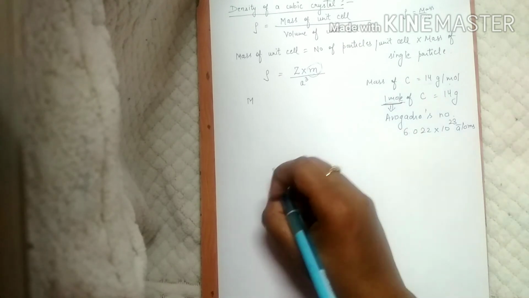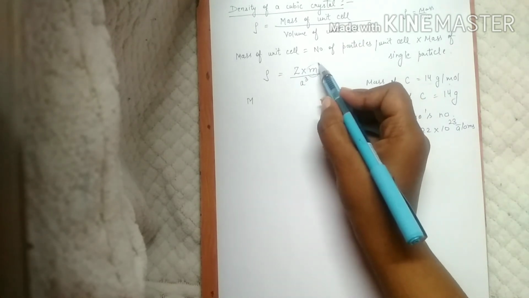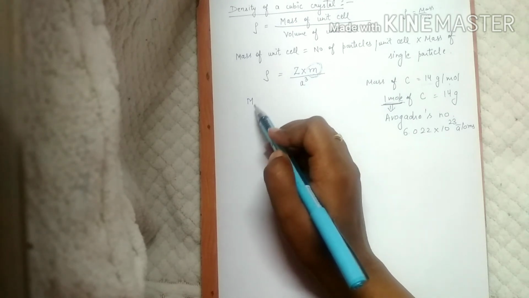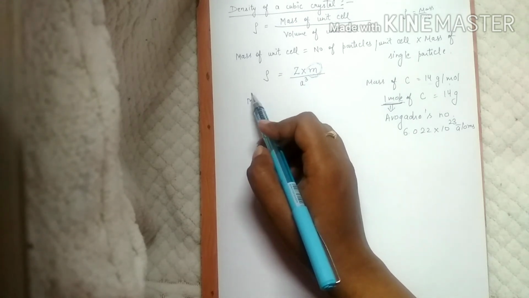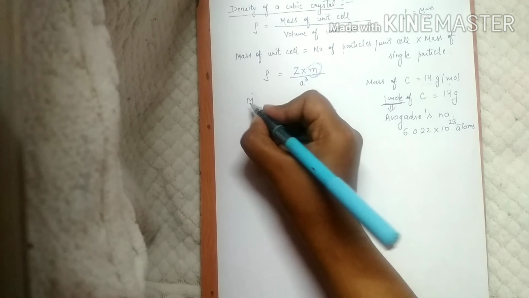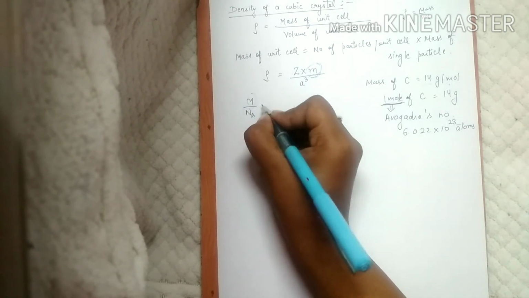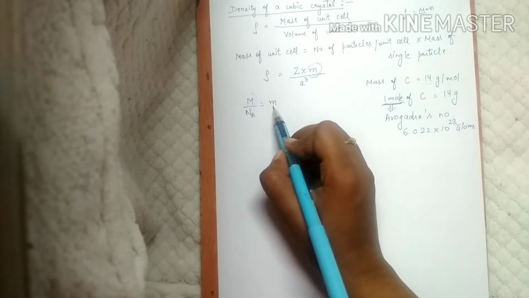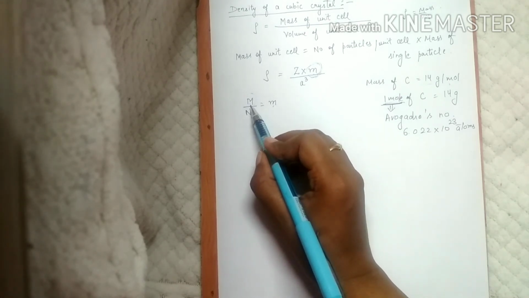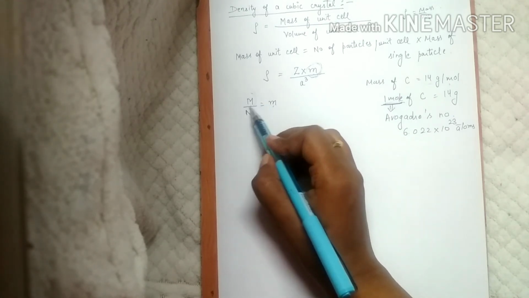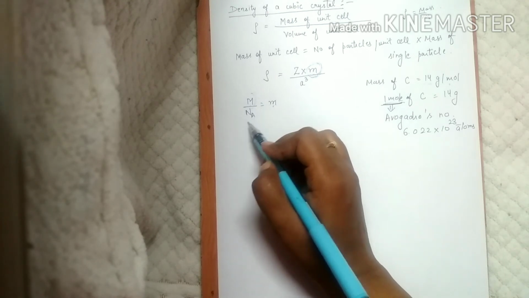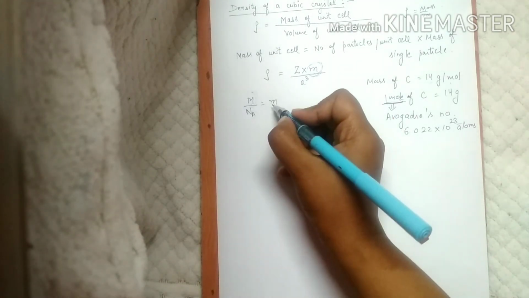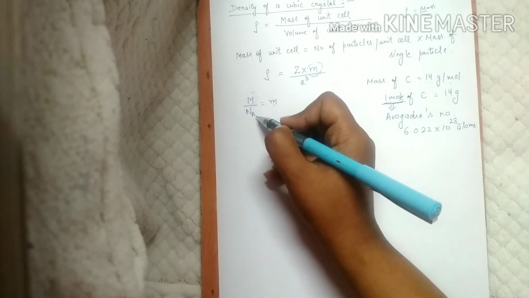So if we want to see what is the relation between this small m and this capital M, which we know for every atom, the mass of single particle will be what? The mass of Avogadro number of particles divided by the Avogadro number. So small m will be equal to capital M upon Na.